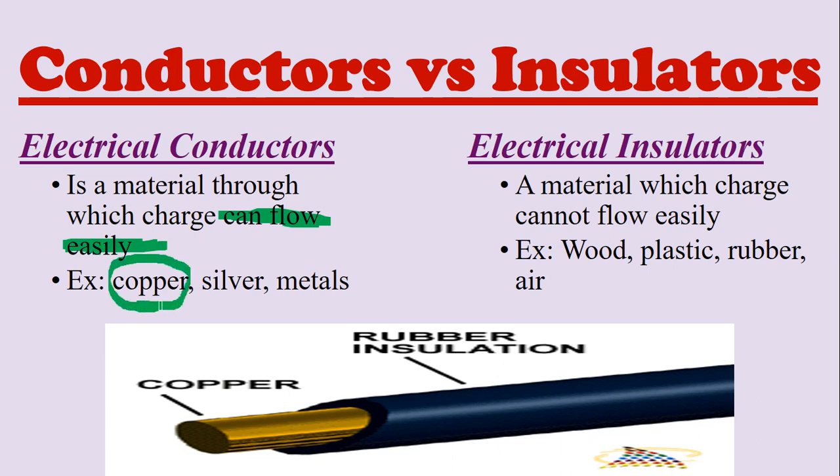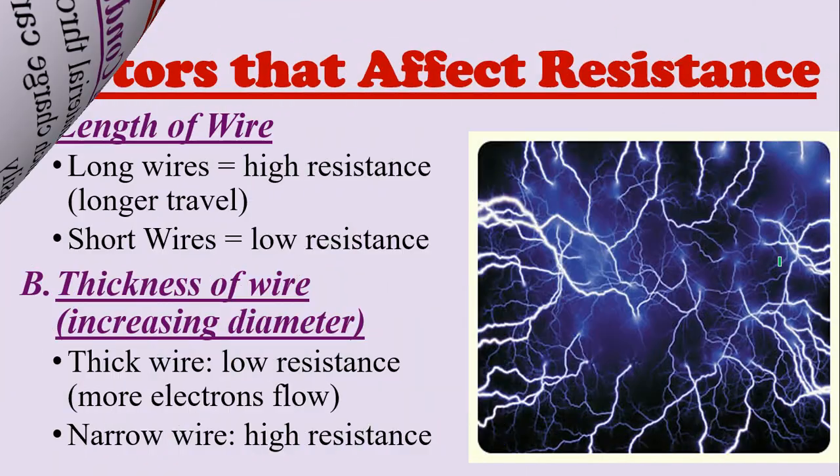Most wiring is some form of copper. With electrical insulators, the charges cannot flow easily. They don't really flow. Wood, plastic, you've probably heard of, or rubber. People who work with electricity usually wear rubber gloves so they don't get electrocuted. Stuff like that, they don't allow the electricity to transfer within it.